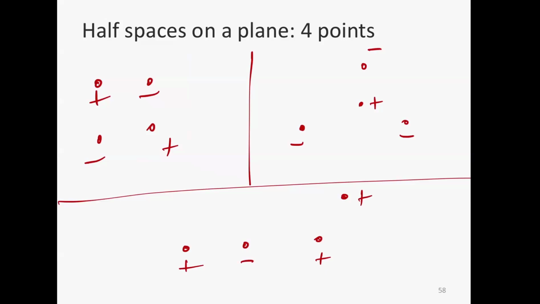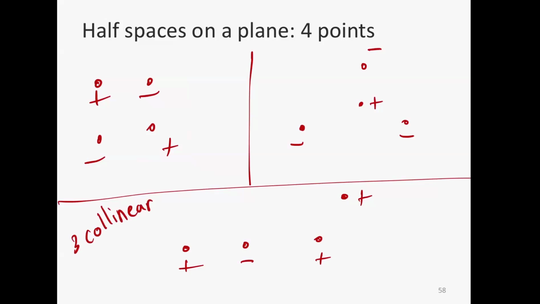You can't. Let me make the argument. If you have 4 points, either 3 of them are collinear or no 3 of them are collinear. Is that a fair statement? Here, 3 of them are collinear. And here on the top, no 3 of them are collinear.